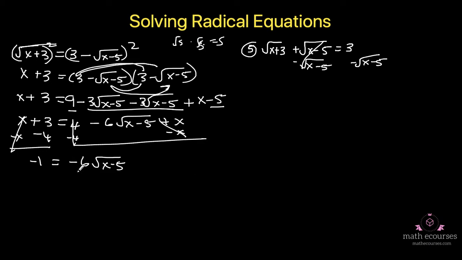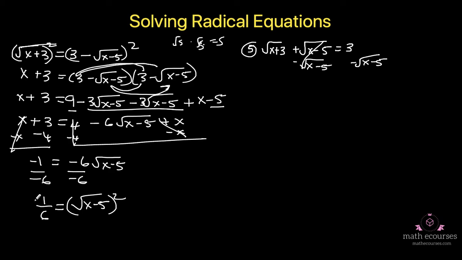Okay, now I need to divide by negative 6. I'm surprised we have a fraction. Normally you don't have a fraction, but it's okay. Negative and a negative is a positive, and then I have that. Last step is just get rid of your square root.